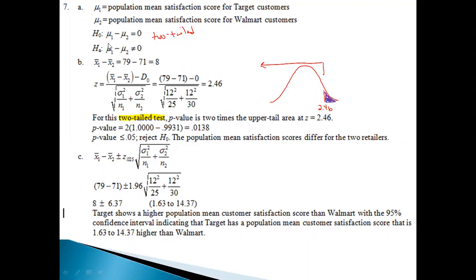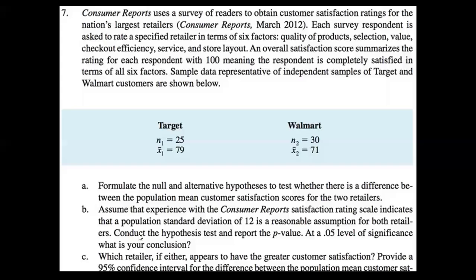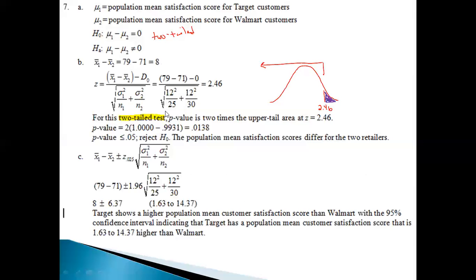So then the next question was to assume that we have a population standard deviation of 12 and a significance of 0.05. So first we have to find the difference between the actual values. So 79 minus 71 is 8. Then we need to find the z-value. This is using the equation from the book.